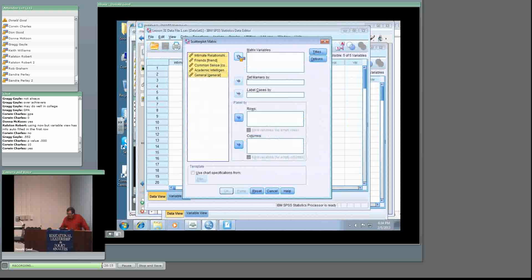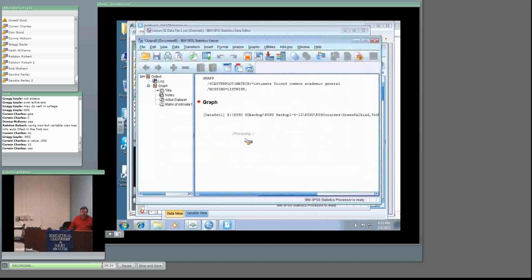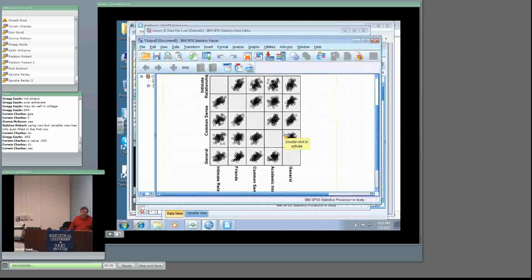I'm going to put all those into my matrix variable box, and I'm going to click OK. And I'm going to get some scatter plots. Oh, I know why I clicked that one, because I'm getting a bunch of scatter plots, not just one of them. Processing is going to have to think about it for a minute. So there are my scatter plots for all 10 of them. Now again, I've still got the upper and lower triangle.